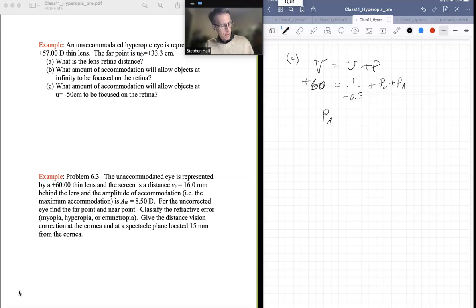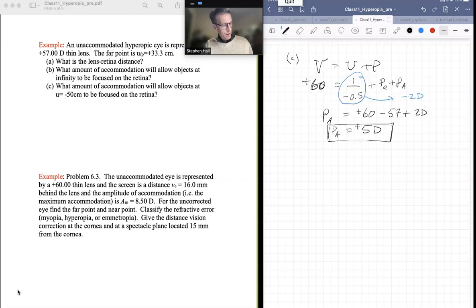So the accommodation power is going to be plus 60 diopters minus the power of the eye, which was 57, and then plus this quantity, that's minus 2 diopters itself, 1 over minus a half. And when I move that to the other side, that becomes positive 2 diopters. And so that works out to be 5 diopters.